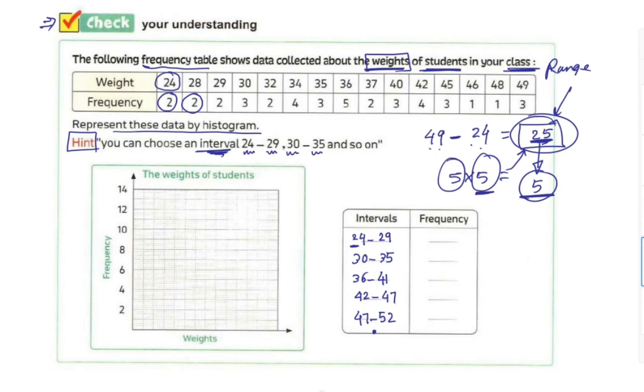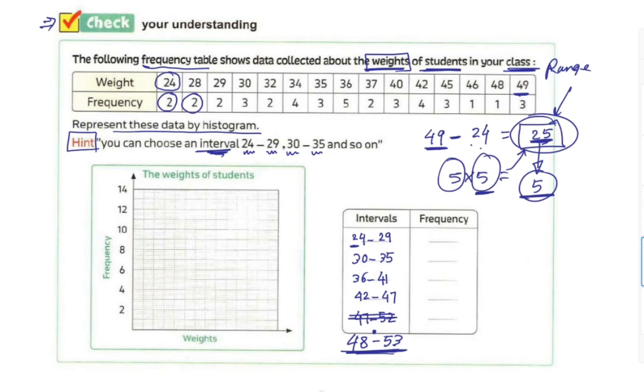Then it's wrong here: don't repeat 47. Start from 48 and add 5, after 48 we have 52. It's okay not to end with the number 49, because 49 is between these two numbers. That means 49 belongs to this interval. That's okay.